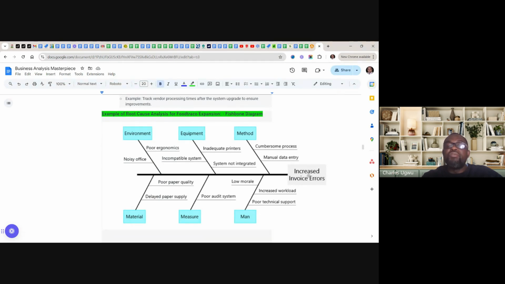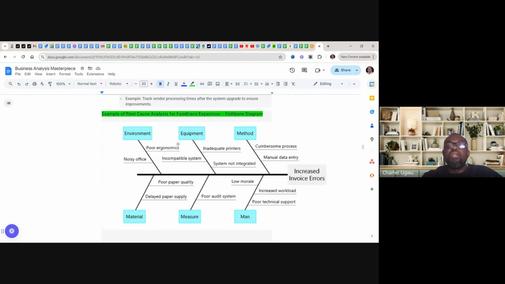So here in fishbone diagram, we capture the problem at the head, and then we have these wings, which we call causes of the problem. Another name for this is cause and effect.